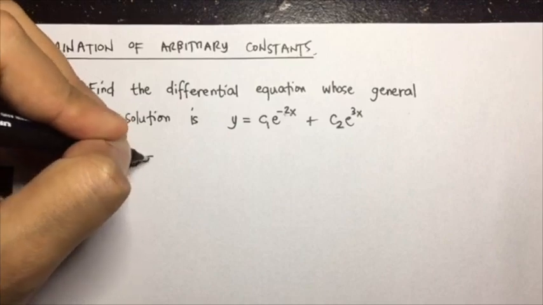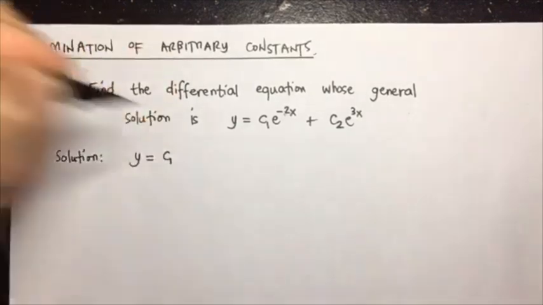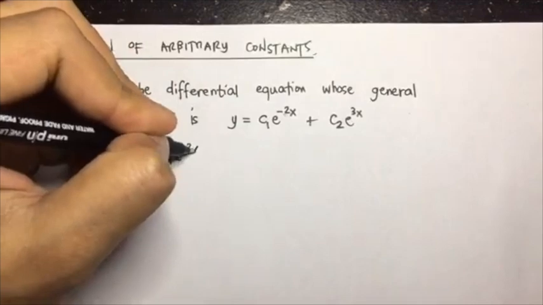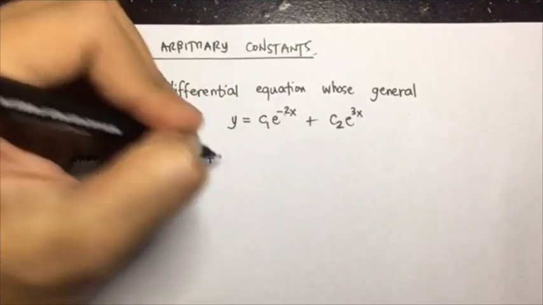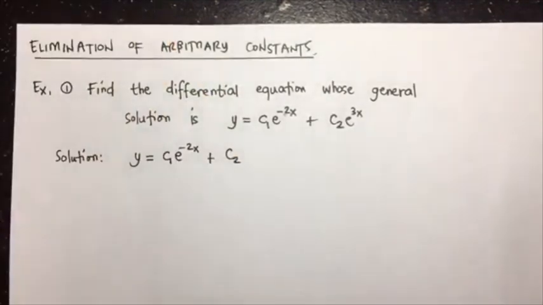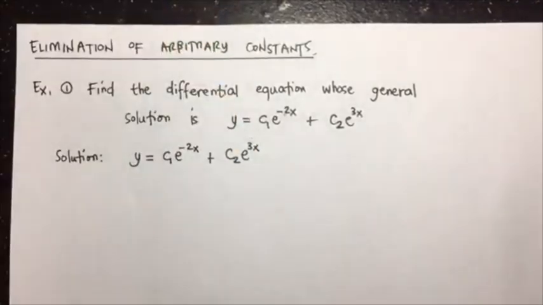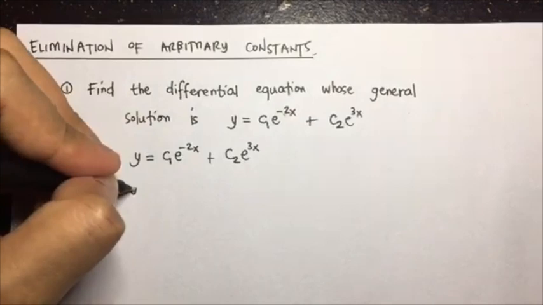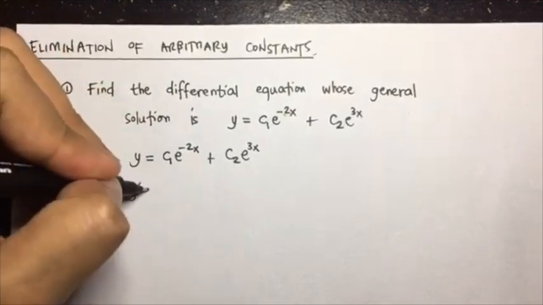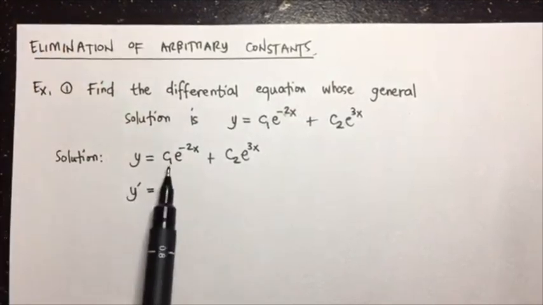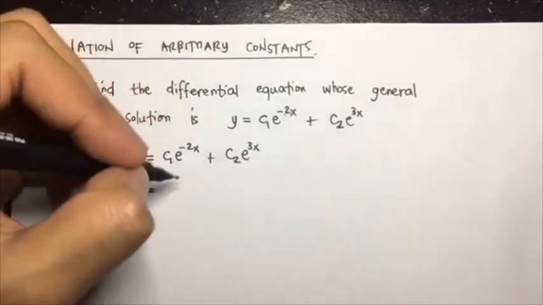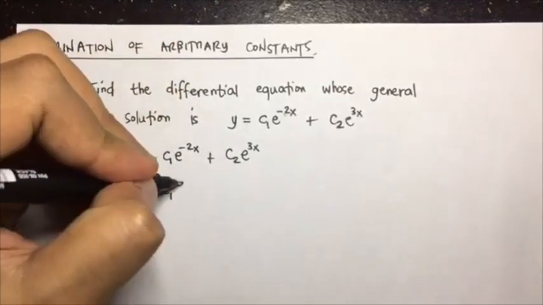We need the first and the second derivatives. Again, our given is y is equal to C1 e to the negative 2x plus C2 e to the 3x. So we need the first derivative, y prime. We have a numerical coefficient, so write that and then derive this.